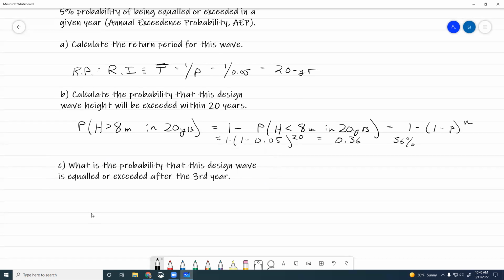So this specifically gets at the geometric distribution. This is the risk equation from before, and this is the geometric distribution.